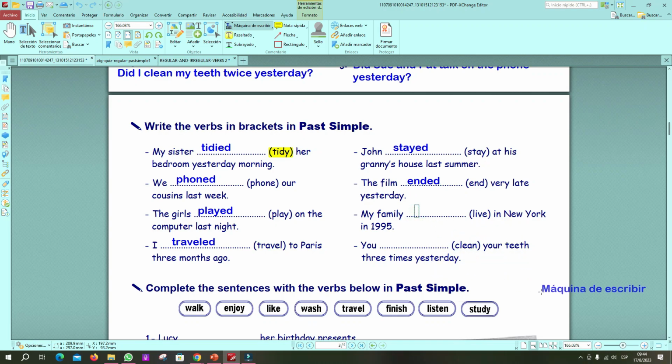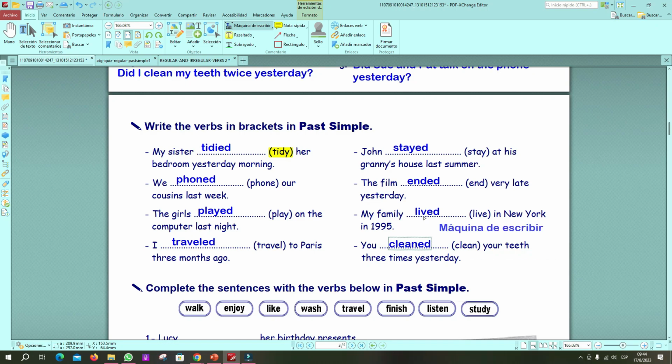Nice. My family lived in New York in 1995. And the last one, you cleaned your teeth 3 times yesterday.